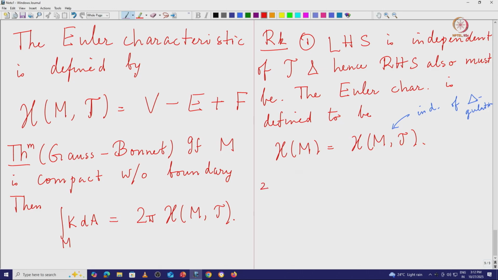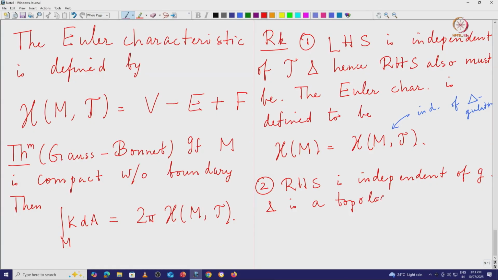And similarly, the second point is that the RHS is independent of the metric and is a topological quantity, because if you continuously deform your surface, clearly the triangulation will deform, but the Euler characteristic is going to be independent of the deformation, right.